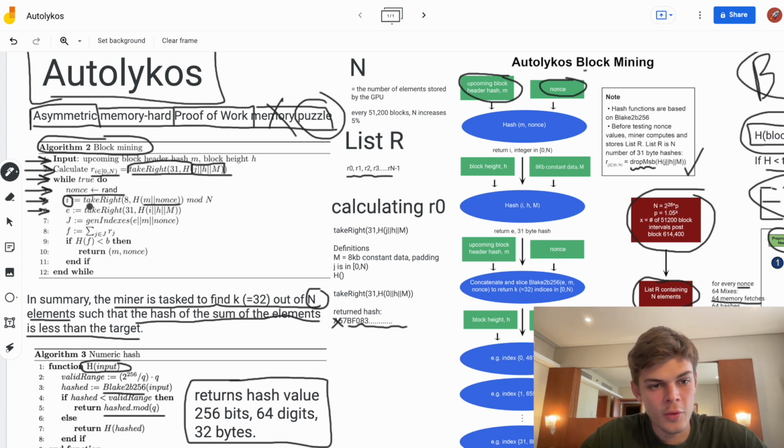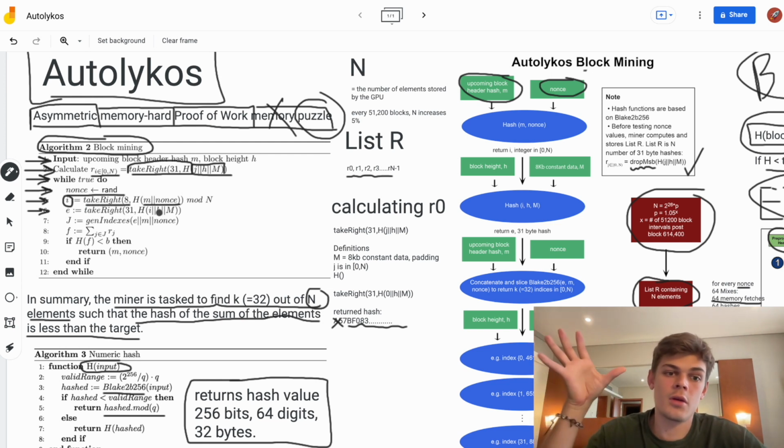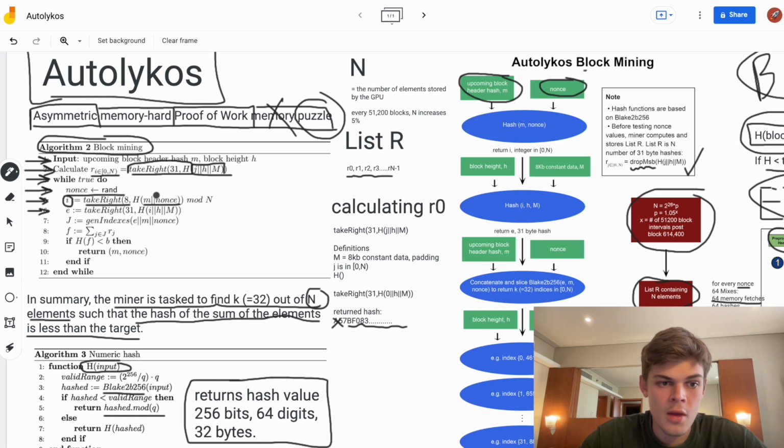And then what do we do with that 256-bit hash? Well, we take the 8 least significant bytes. So we take that returned hash given the inputs M and nonce, and we take the 8 bytes on the right-hand side. That should all make sense because we sort of discussed take write and the hash function. And then what we do is we mod by N.